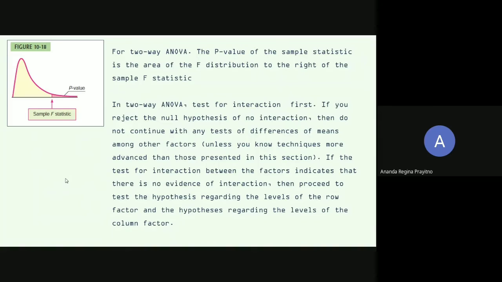If the test for interaction between the factors indicates that there is no evidence of interaction, then proceed to test the hypothesis regarding the levels of the row factor and the hypothesis regarding the levels of the column factor.